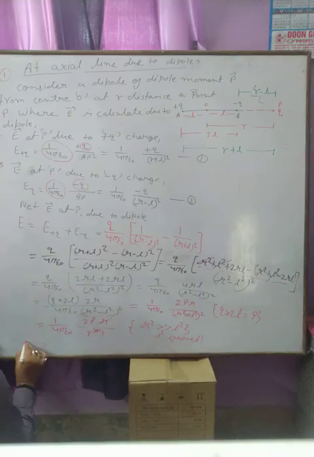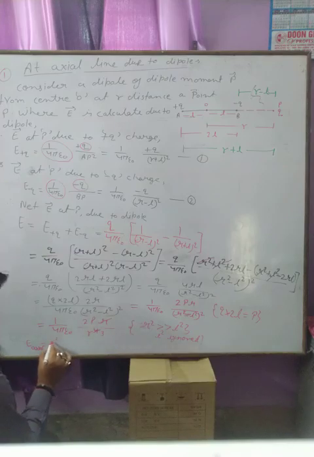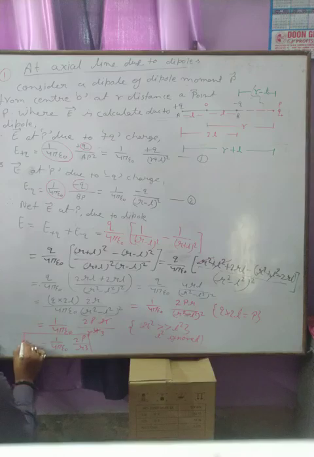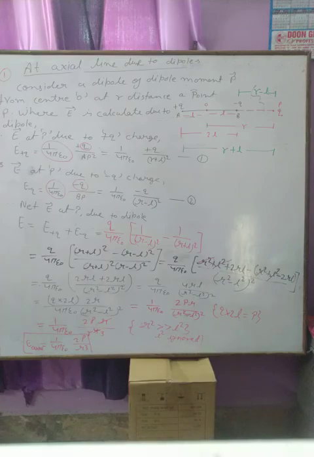Therefore, the electric field at the axial line is 1 upon 4 pi epsilon naught, 2P upon R cube. This is the value of the electric field due to a dipole at the axial line. Copy this, student.